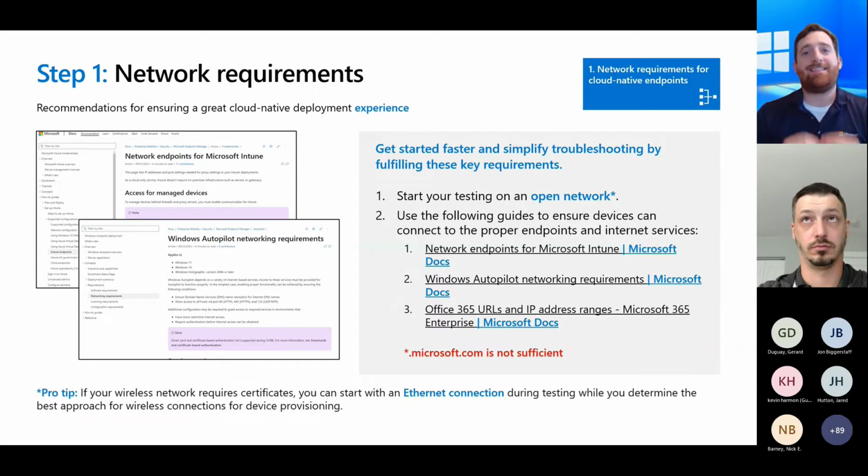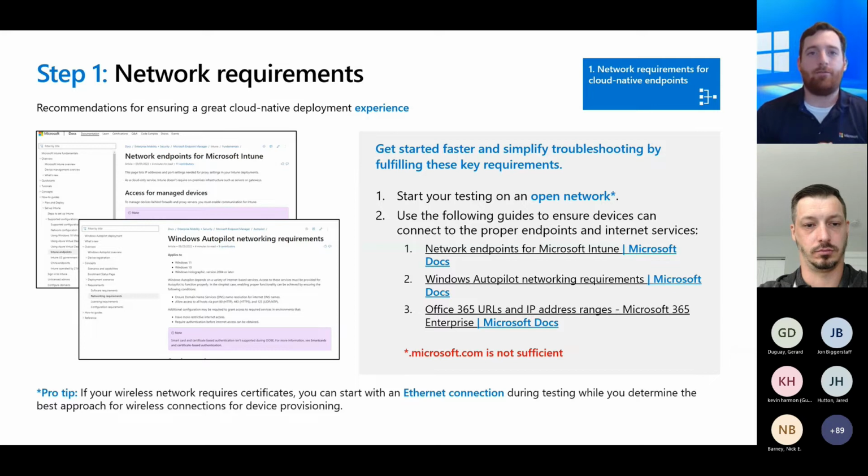We want to do all of our testing on an open network, right? We don't want to try connecting with a certificate or anything like that. It creates a chicken and egg scenario in some cases. So just start on a standard WPA2 or WPA3 network, pre-shared key, something simple to get in.